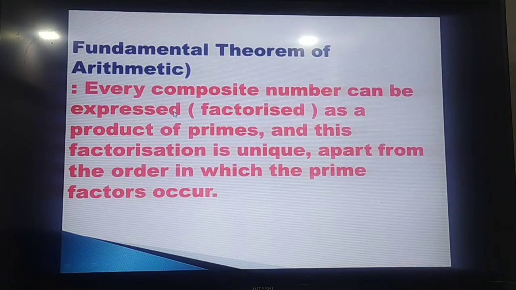Now you know that every composite number has some prime factorization. Suppose 6 is there, then 6 is factorized as 2 into 3. So what does this fundamental theorem of arithmetic say?